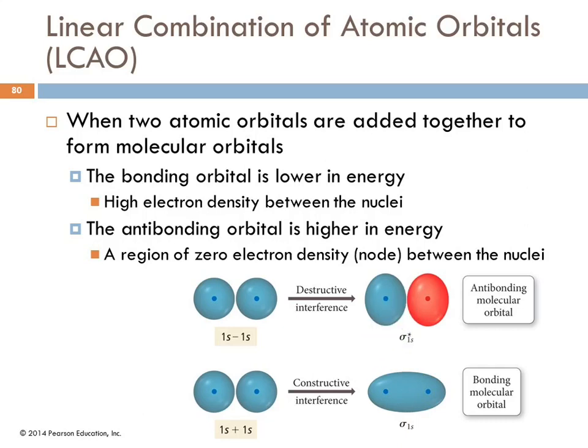That's not going to facilitate holding the atoms together in a bond, if that helps you to remember that this is anti-bonding. So we have this node, this region of 0 electron density between the nuclei, where with the bonding one we have high electron density. This is lower in energy, that's a good thing. This is higher in energy, that's not a good thing for bonding.